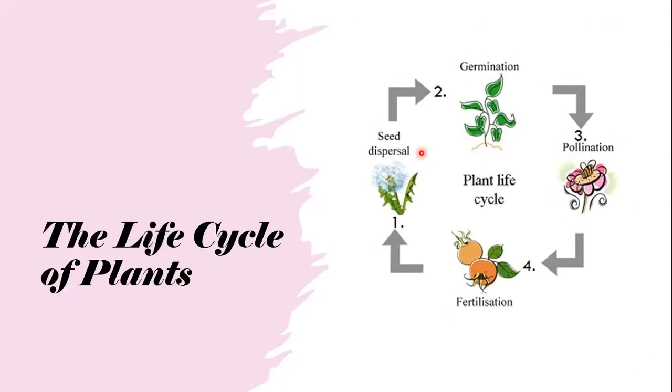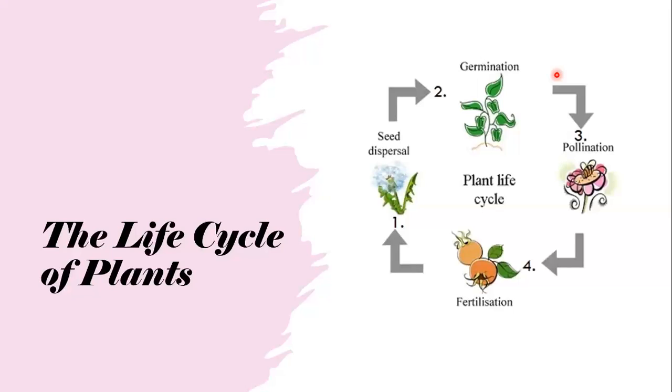When your plant first starts, it's a seed. The seed should be in the ground, and then it's going to germinate. When it germinates, that's when it starts to root and grow. So it's growing at this point. After that, it's either going to have leaves, or it might have a cone if it's like a tree.